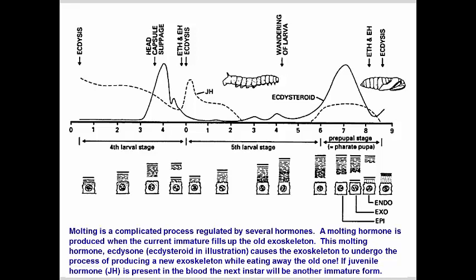When stretch receptors in the exoskeleton stimulate the insect nervous system, ecdysone is produced that initiates the molting process. If juvenile hormone is present in the blood of the insect, the next form of the insect will be a juvenile, either a nymph or a larva. If juvenile hormone is absent, the next stage will be a pupa or an adult insect.